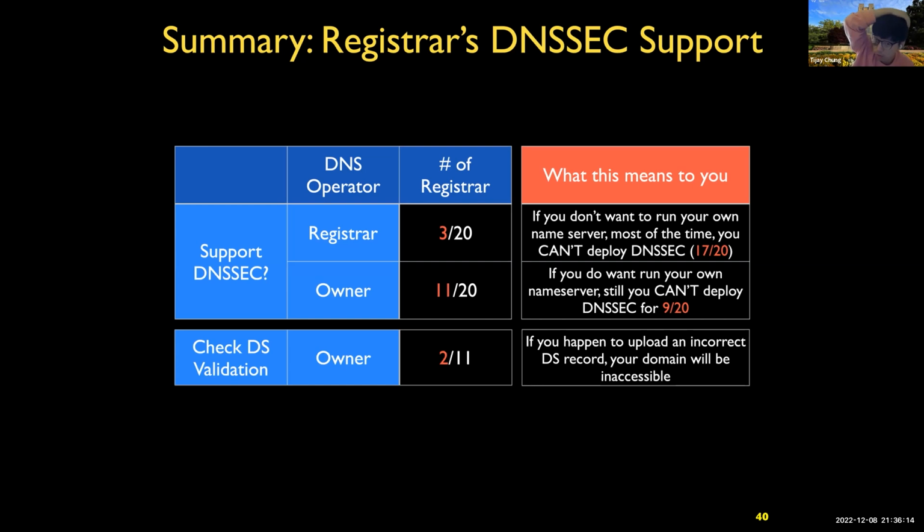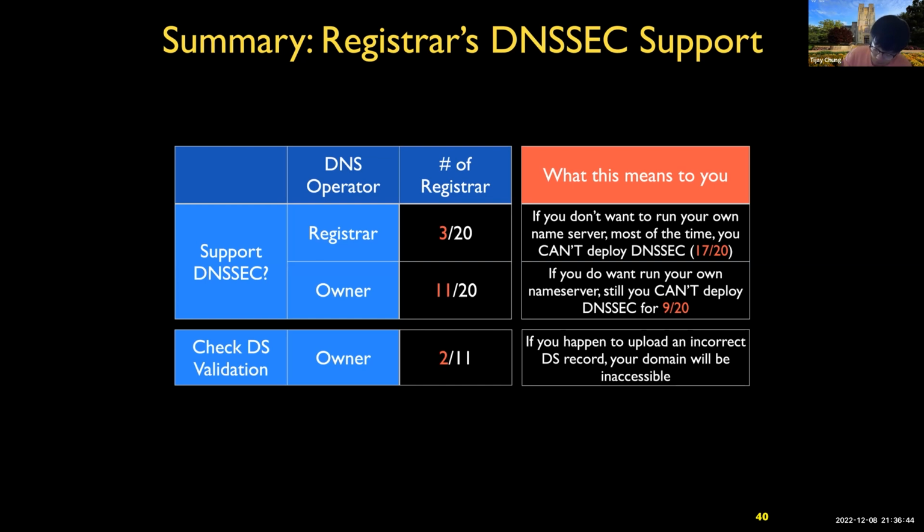And only 2 out of 11 who support third-party DNS operators validate the DS record's validity, which means if you happen to upload an incorrect DS record to the 9 registrars that support third-party DNS operators, your domain name will be inaccessible, right?